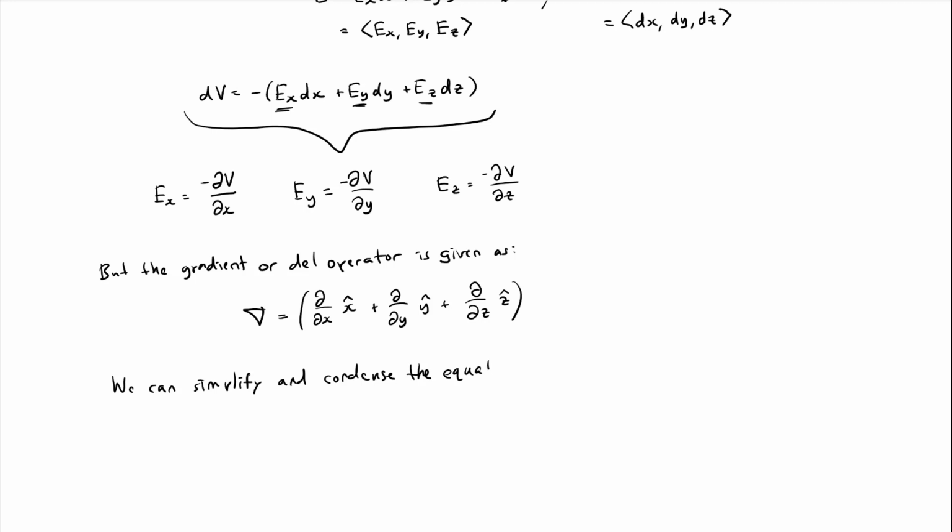So basically the partial derivatives, we can now say E is equal to negative. So I'm just combining all 3 of these together.